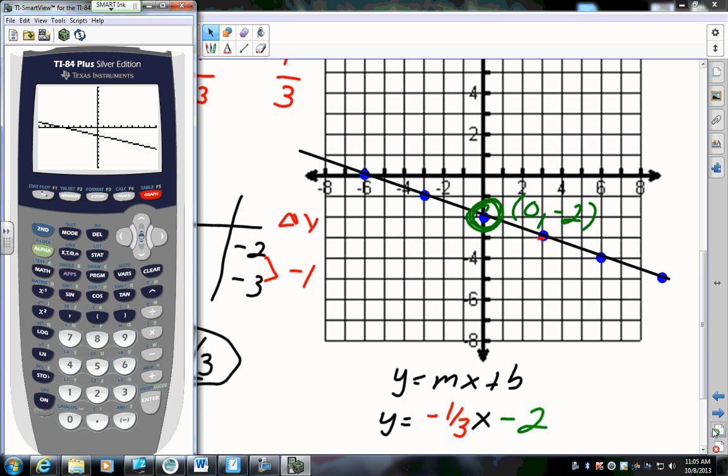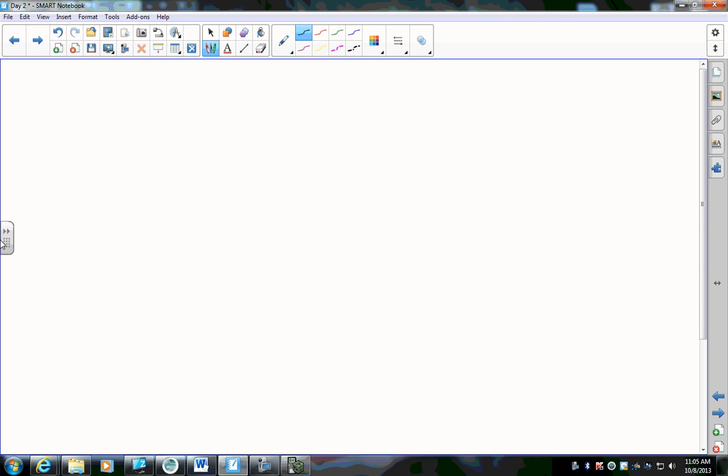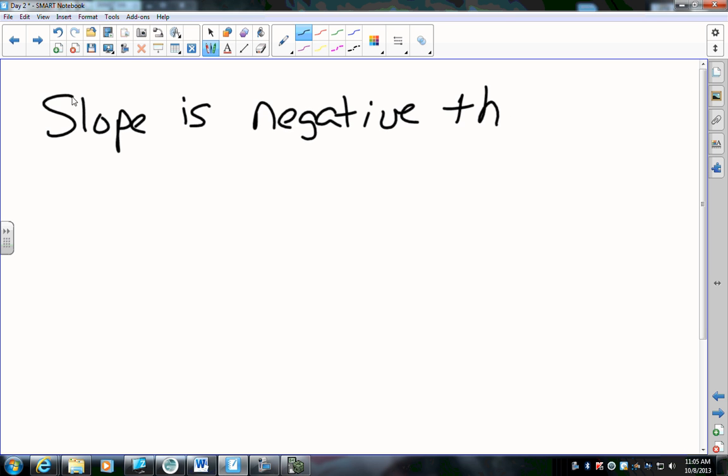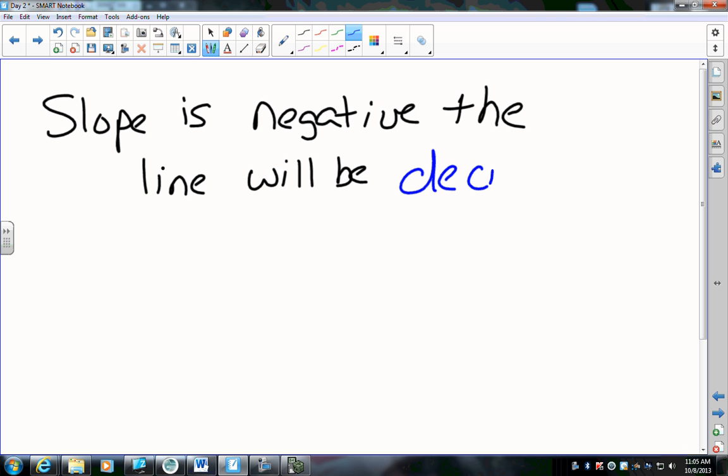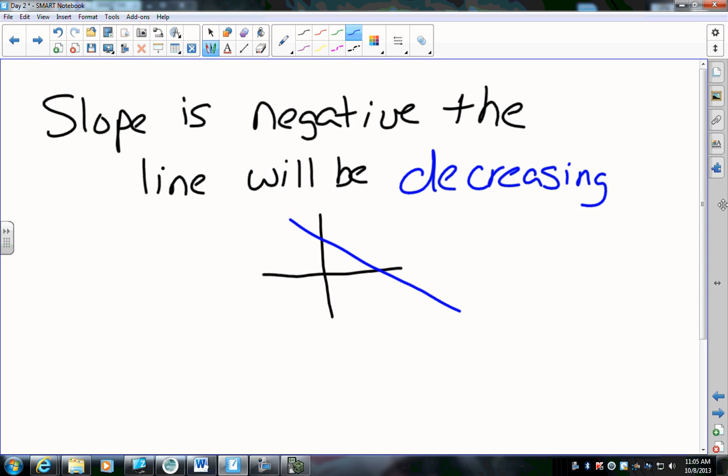Flip your paper over for a second. When the slope is negative, the line will be decreasing. So that means that on a graph, it will be going down.